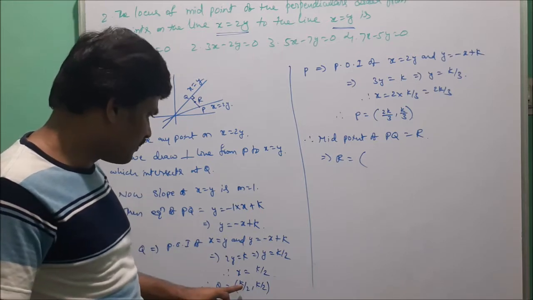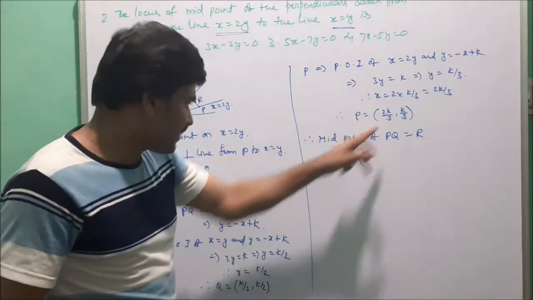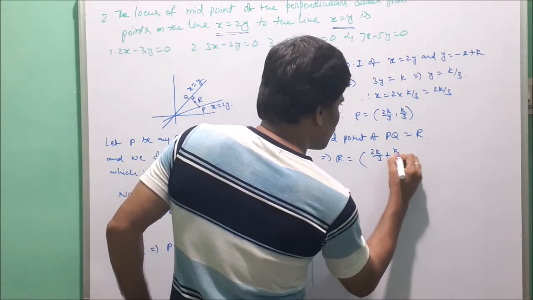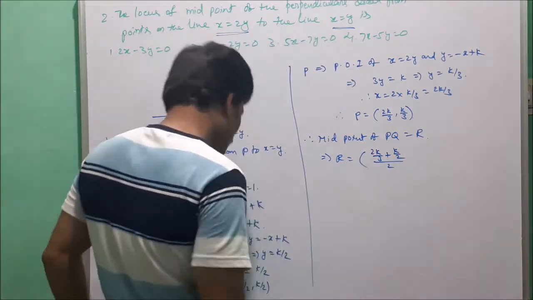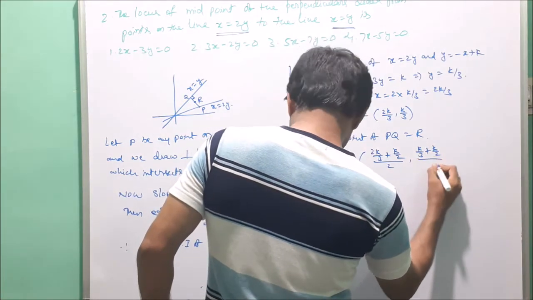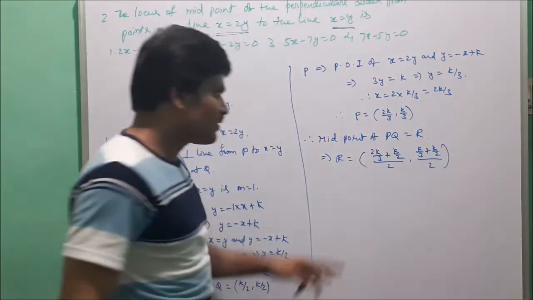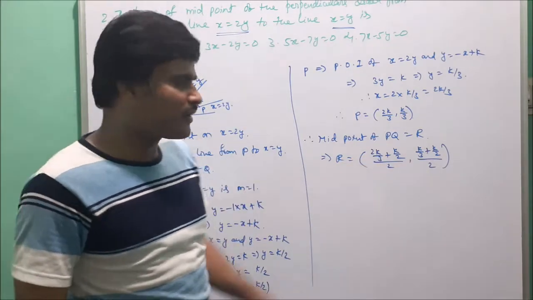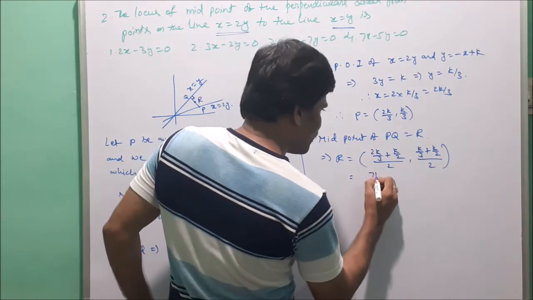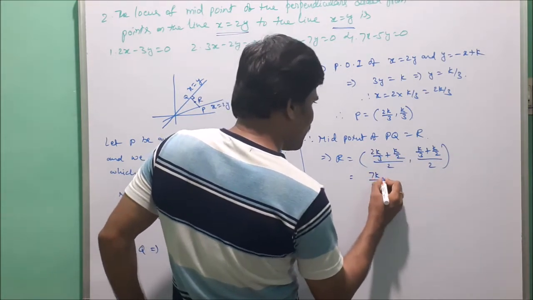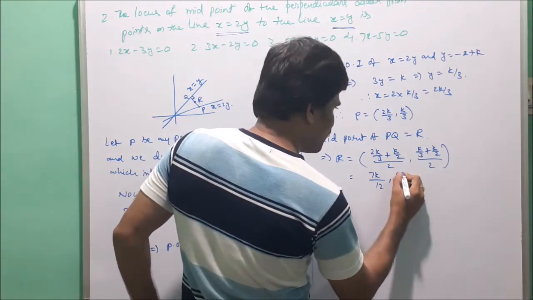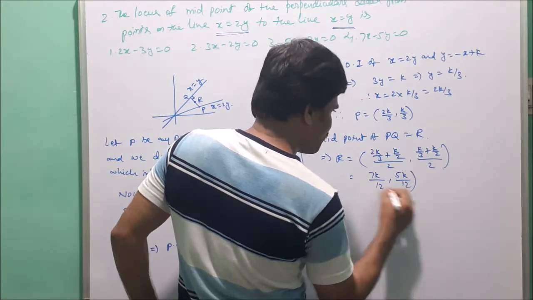Now the sum of the x coordinates by 2: 2k by 3 plus k by 2, by 2, and k by 3 plus k by 2, by 2. Sum of x coordinates by 2 and sum of y coordinates by 2. Here we can simplify: 4k plus 3k, 7k by 12. Here 2k plus 3k, 5k by 6 into 2, 12.